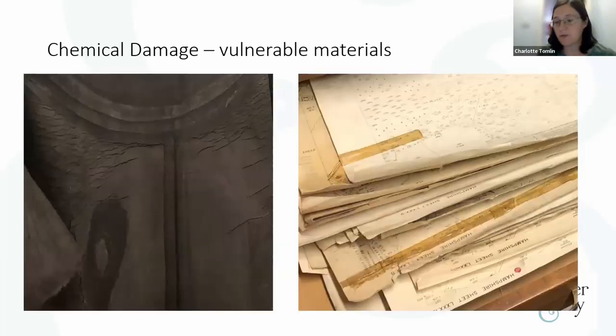And chemical damage of vulnerable materials as well. So as I've said, all of our materials are decaying. We are just slowing down the processes. But some materials want to decay faster than others, and this includes things like rubber and paper. Because these have inherent deterioration, they have acidic compounds.